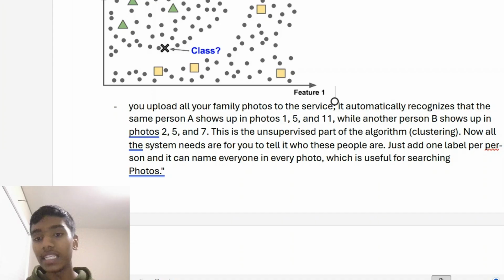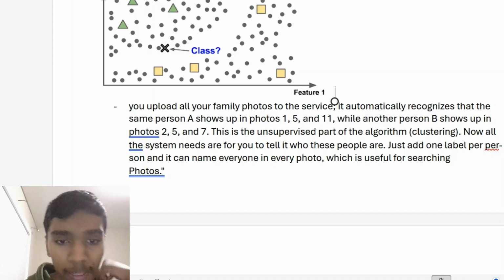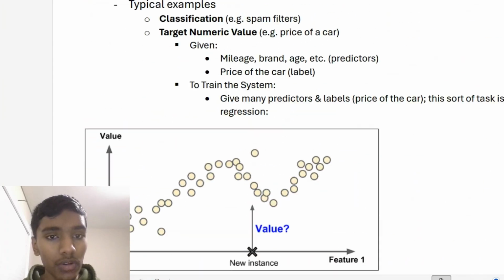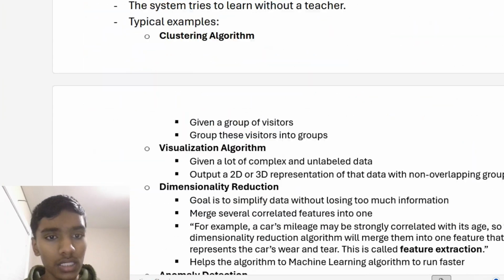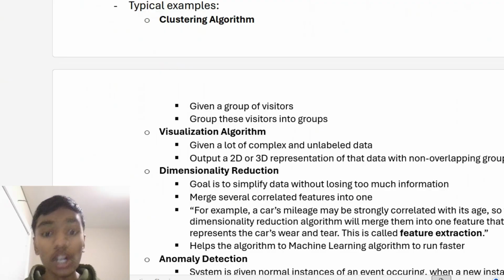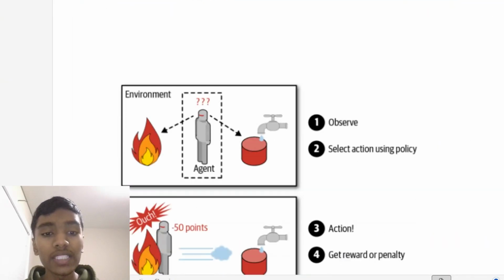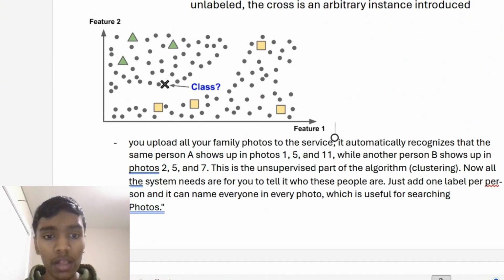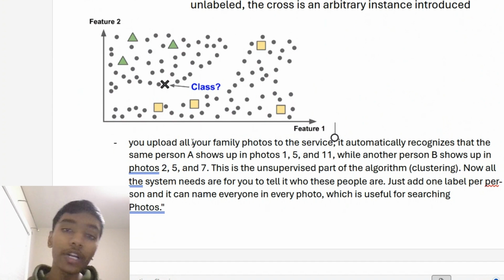This is going back to the idea of clustering. Remember, we talked about clustering, the unsupervised part of the algorithm. Clustering, remember, is given a group of visitors, group these visitors into groups. We can see the same idea here in Google Photos, because you're uploading all your people and it's grouping the people who are the same.